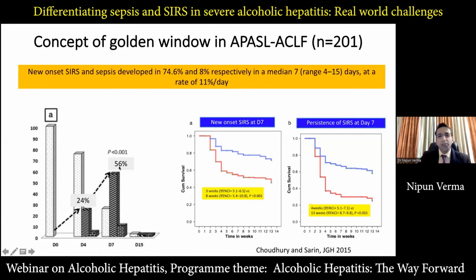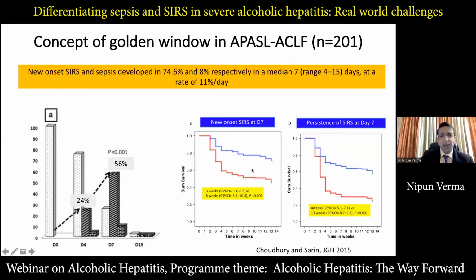Out of these patients who developed SIRS, there was a higher incidence of sepsis. Those patients who developed SIRS at day 7 had poorer survival, and those who had SIRS to start with and it persisted at day 7 also had poorer survival.